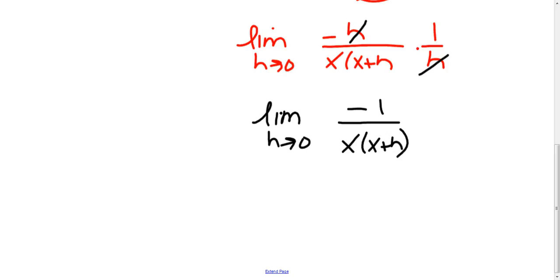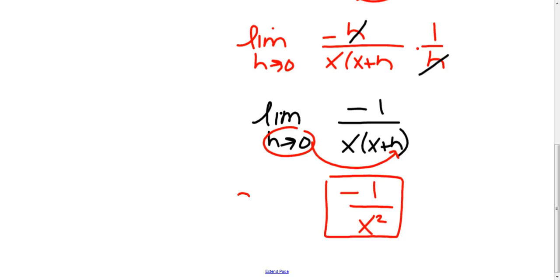Okay, and now if I plug my 0 in for my h value, I'm okay because x plus 0 is just x, so I have -1 over x squared. Okay, that is f prime of x, or it's dy dx, whichever you want to call it.